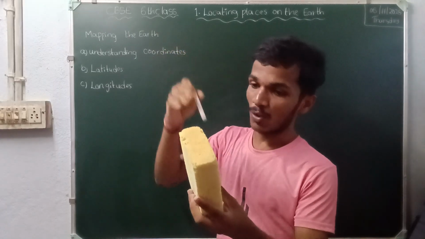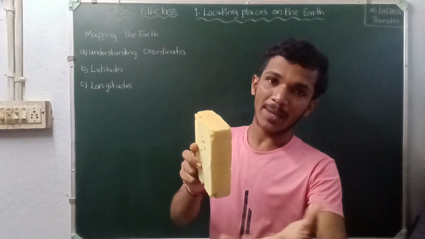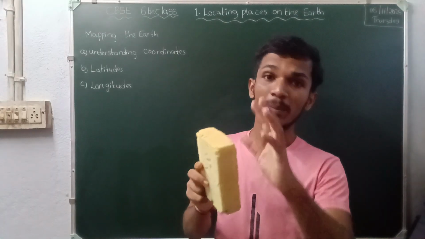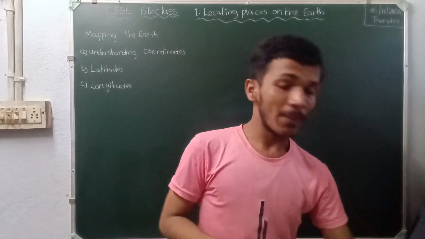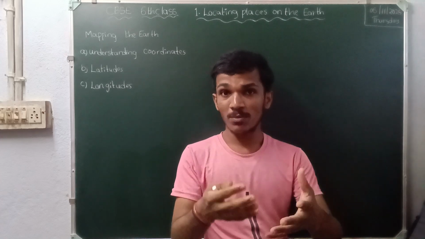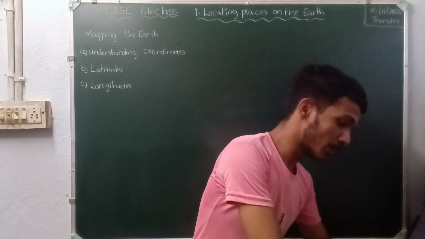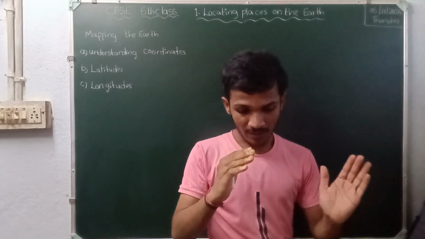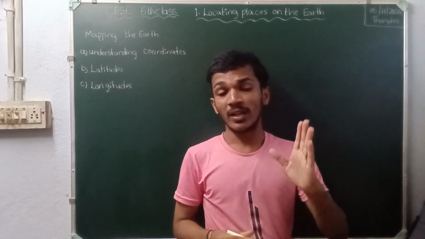The sun rays fall on the earth, at that point it becomes day, and the remaining backside becomes night. By knowing this information, we can know how our earth forms day and night.